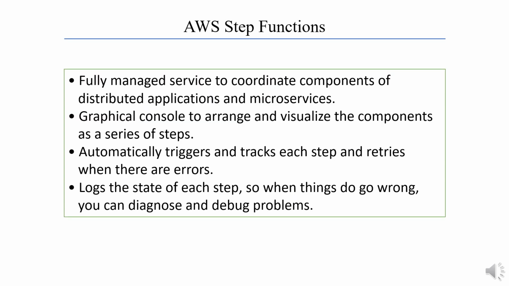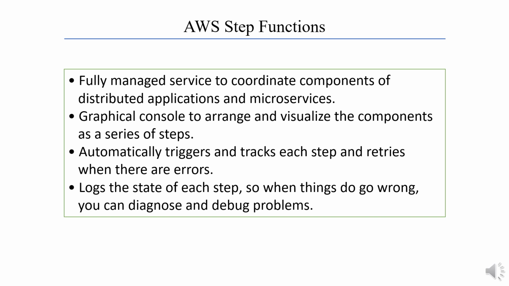AWS Step Functions is a fully managed service that makes it easier to coordinate the components of distributed applications and microservices using visual workflows. It provides a graphical console to arrange and visualize the components of your application as a series of steps.